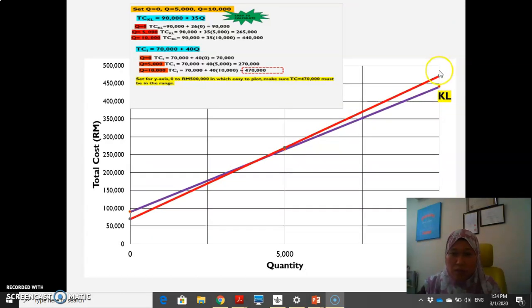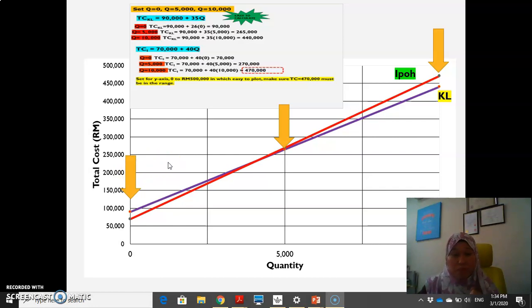These are the three dots that you connect with the red color. Then you need to put the label. The red one is for EPO and the purple one is for KL. So you have completed the two lines that you need to draw because we have two locations.